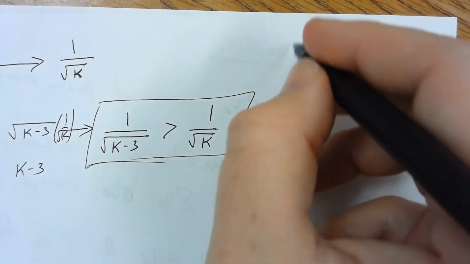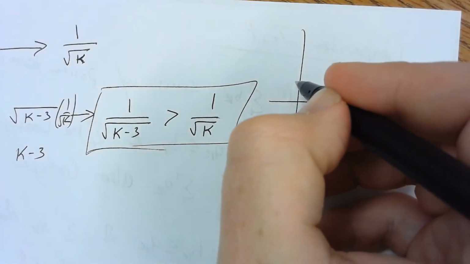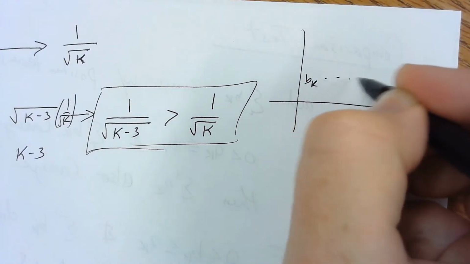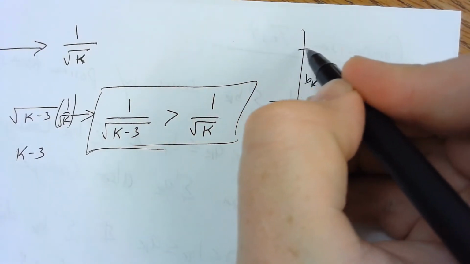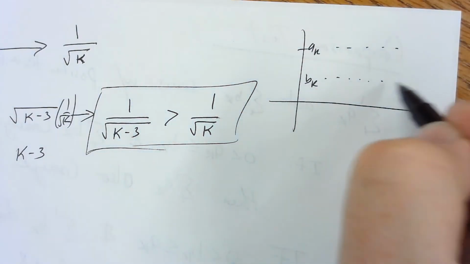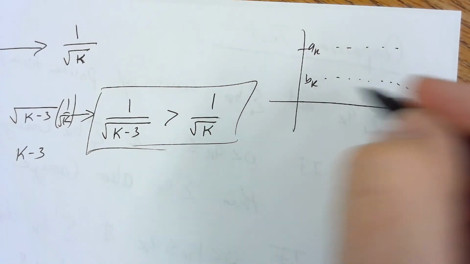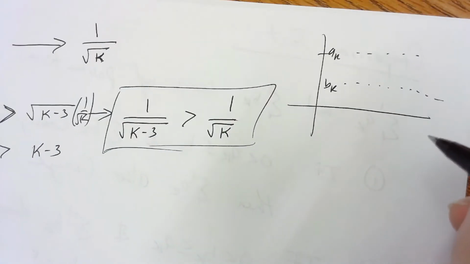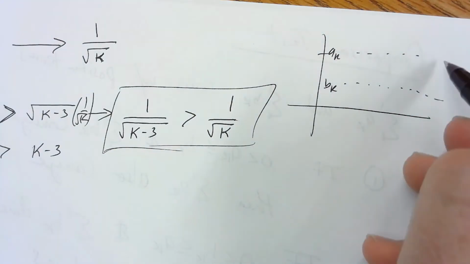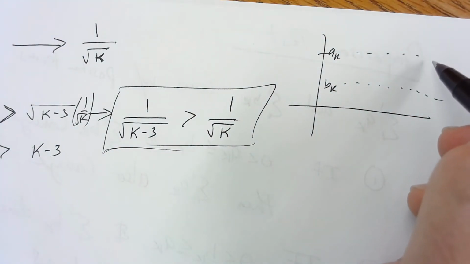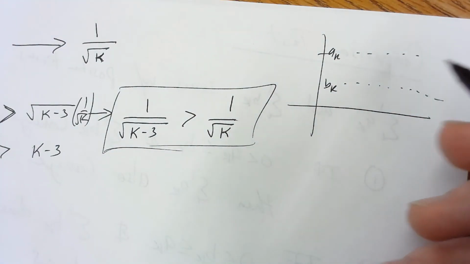If you're struggling with that, the idea is if I have b sub k terms down here, and a sub k terms up here, and if this thing converges, based on all these terms adding up, approaching a specific number, then this one doesn't have anything to tell it what to do.